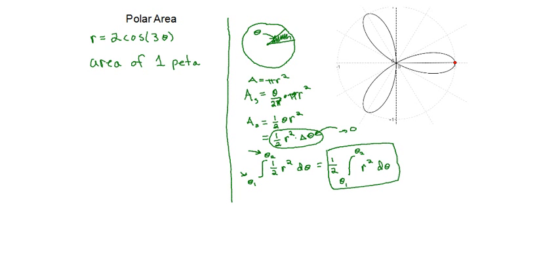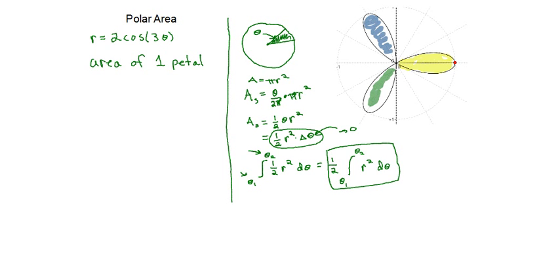Okay, we want the area of one petal. So you see we have 3 petals over here on the side, and we want the entire area of one petal here. It actually, in this case, doesn't matter which petal you look at, they are all the same. So you could do that one, you could do this one, or you could do this one. Either one works just fine.